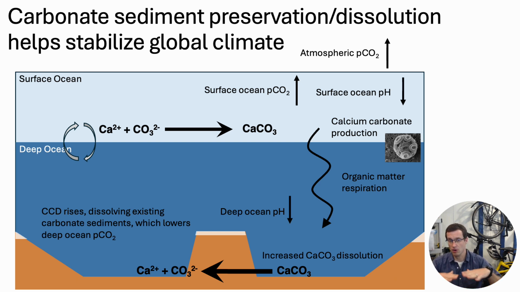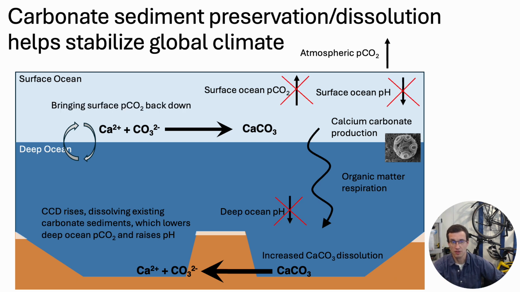And then you're lowering deep ocean pCO2. And so that's going to mix back up into the surface ocean. You're increasing the pH again, right? You're going to mix back up in the surface ocean. That's going to bring surface ocean pCO2 back down, bring surface ocean pH back up, and then you're going to reduce atmospheric pCO2. So this acts as this long-term check and feedback on atmospheric CO2.